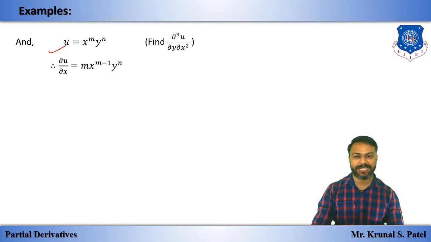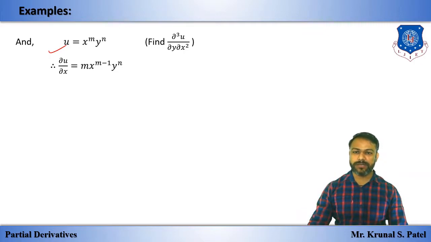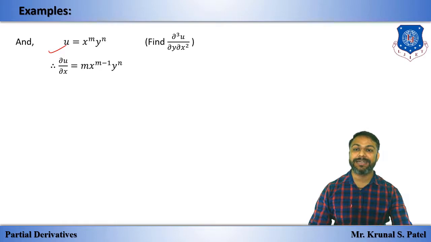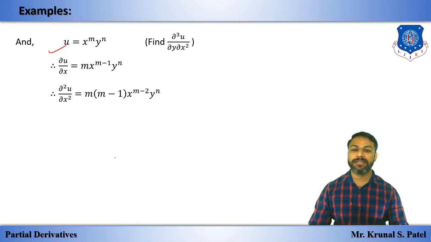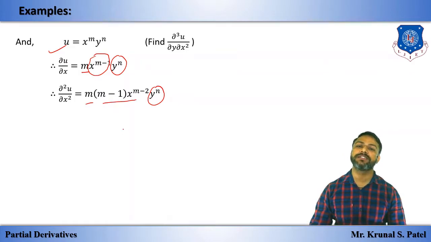So del u by del x, with respect to x, that means m x raised to m minus 1, and y raised to n is constant. Now again differentiate with respect to x, and we will get del square u by del x square. At that time m is constant, and y raised to n is itself constant. So differentiation of x raised to m minus 1 is m minus 1 into x raised to m minus 2.